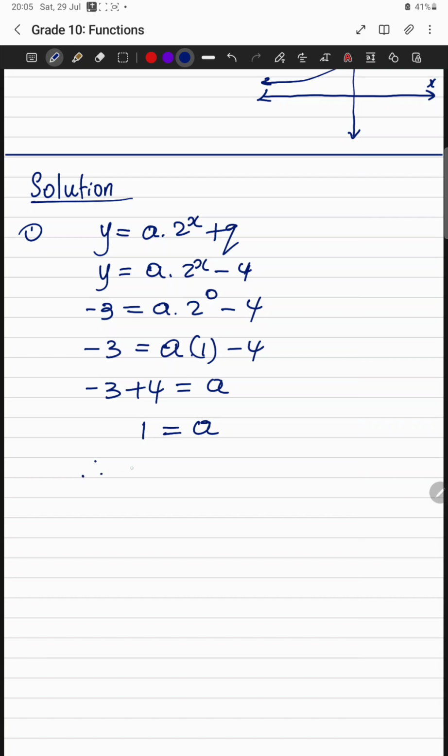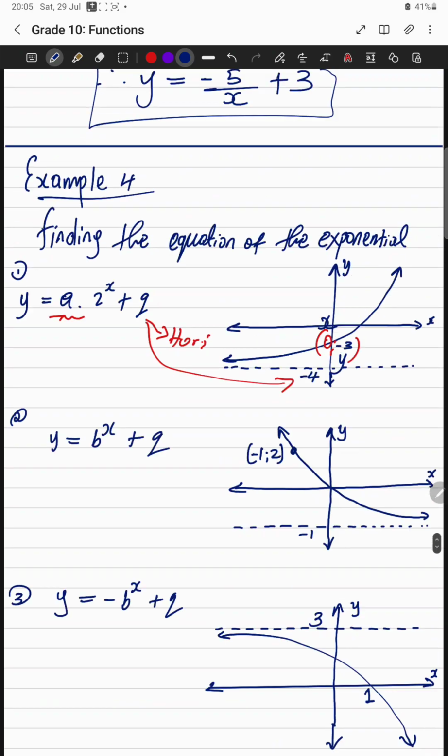So therefore the equation now will say y is equal to 1 times 2 to the power x, and then -4. But there's no need to show that 1, so we can just write it as 2 to the power x -4. So this is the answer of the first one.